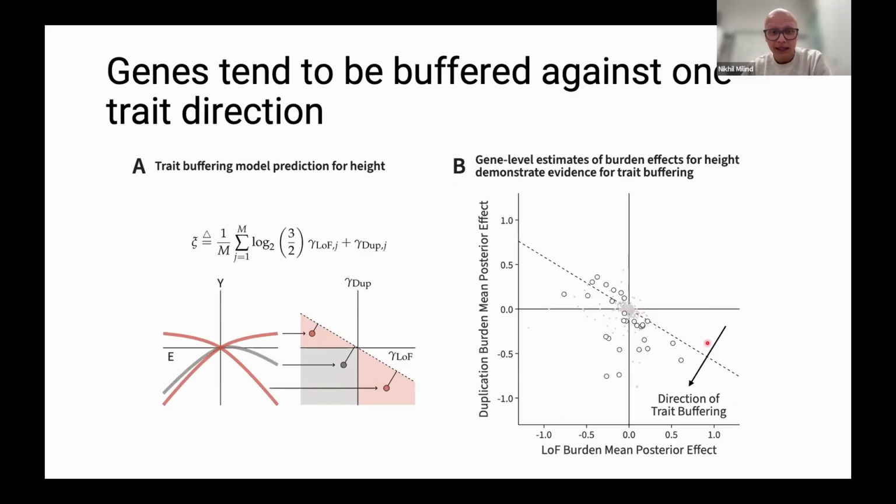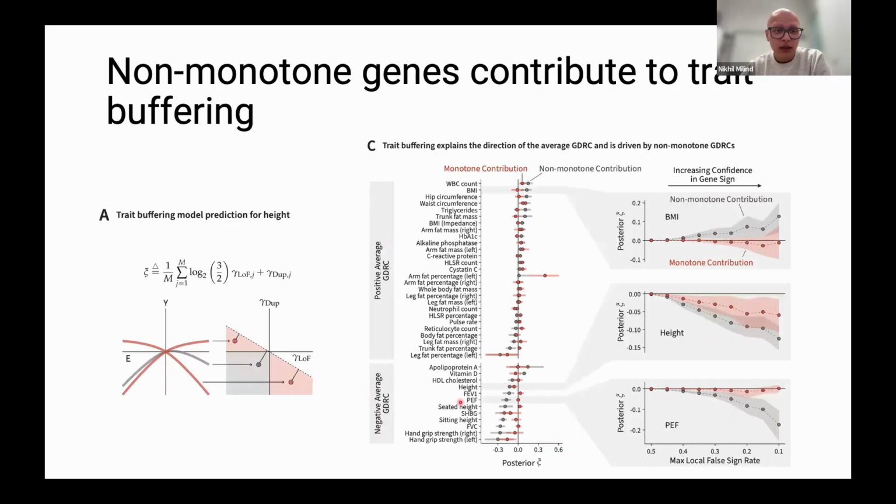Okay, so that's one trait, but we can analyze this across traits, and then we can also decompose this signal into monotone and non-monotone bins. And this figure is quite busy. I apologize, but I just want to draw your attention to this graph right here for height.